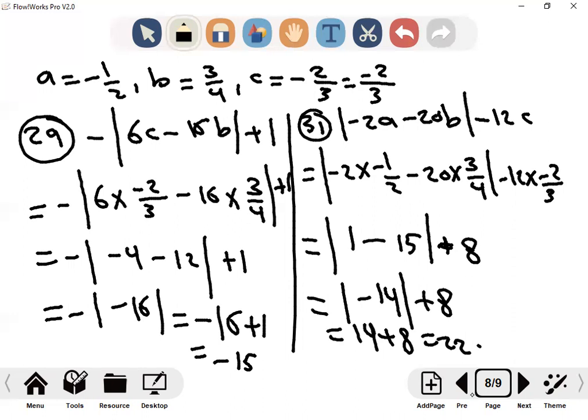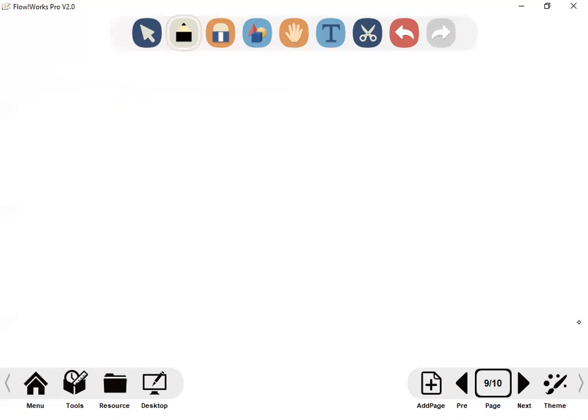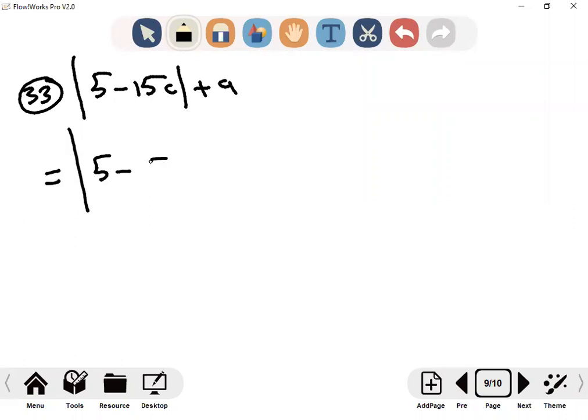33, the last one. We have absolute value of 5 minus 15c plus a. This is equal to absolute value of minus 15 times c. How much is c? Negative 2 over 3. I give the negative to the 2, plus a, which is negative half.